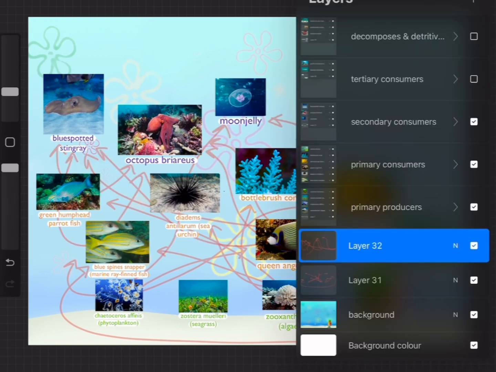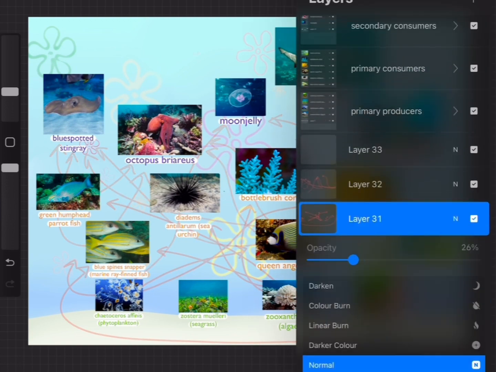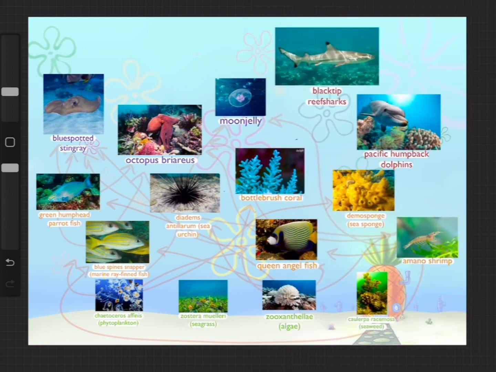Next will be our tertiary consumers, or our dominant predators in our coral reef, and they eat a lot of organisms, so there's going to be a lot of lines. The two examples I chose are the black-tip reef shark and our Pacific humpback dolphins. They eat almost anything. The majority of our organisms here are going to be eaten by our sharks, so we're going to be drawing arrows for our small fish such as parrotfish, our blue spine snapperfish, our queen angelfish.